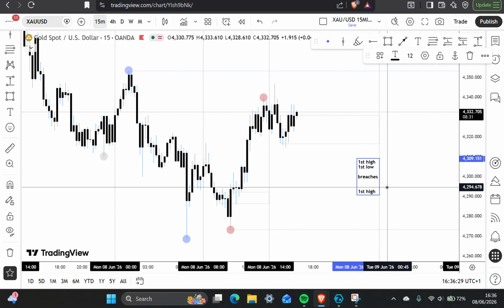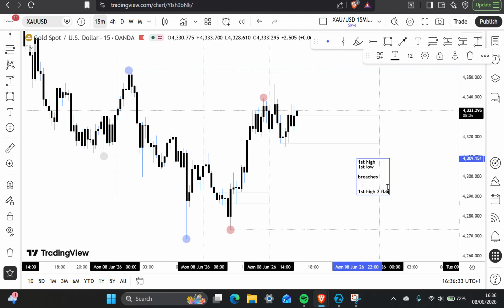First high is simply two candles with flat bodies facing to the upside. That's it. That's your first high. First low is two candles with flat bodies facing to the downside.